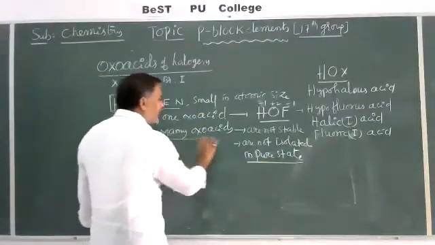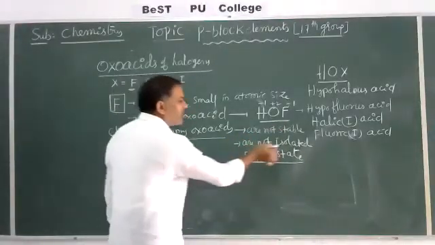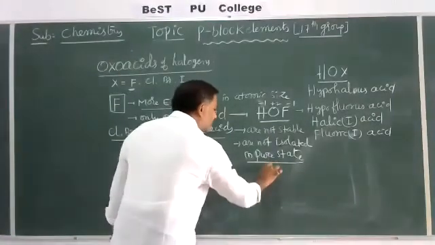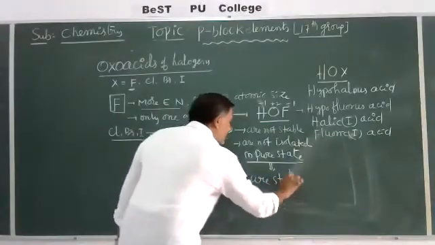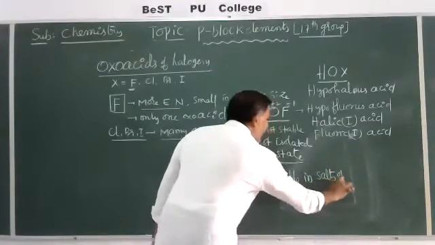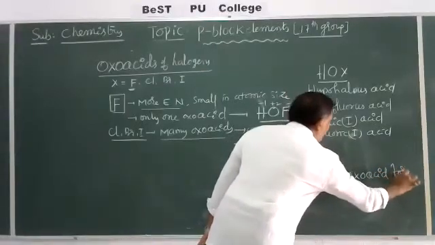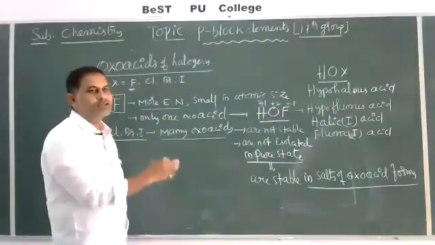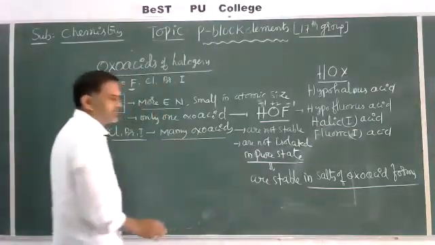All oxo acids are not stable. They are not isolated in pure state, but they are stable in the salts of oxo acids, that is, in ionic state, in solution, they are very stable. In pure form, we can't isolate them.